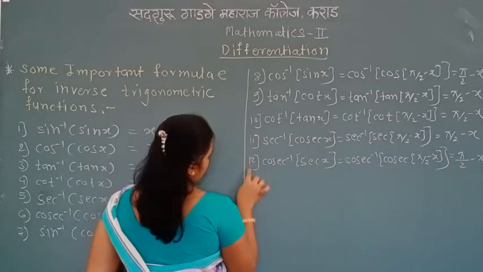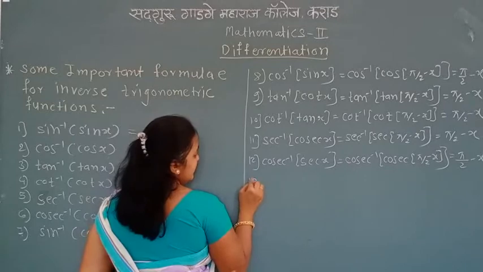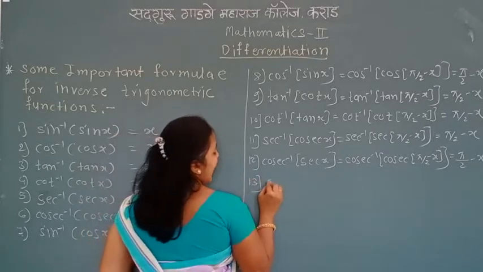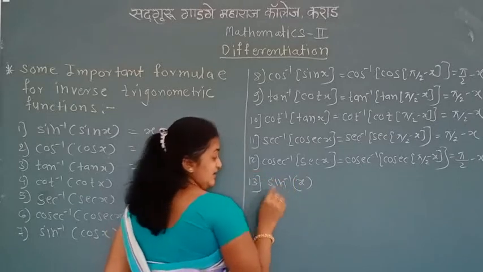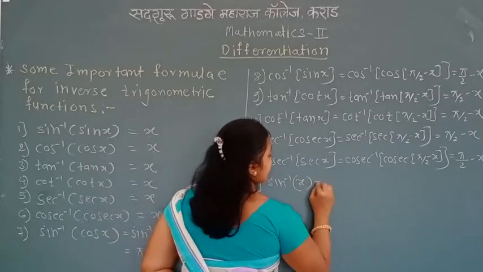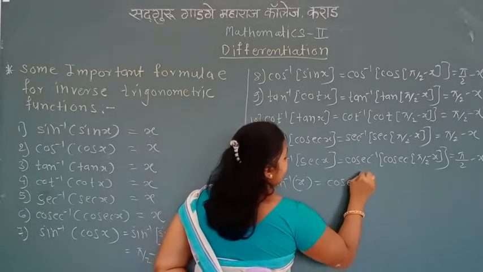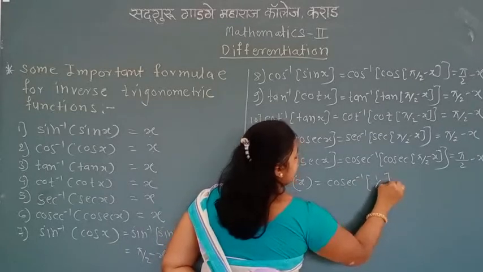So those are 12 formulae. Now next, which is sine inverse of x. We can write it in terms of cos x. That time the angle will be reciprocal, 1 by x.